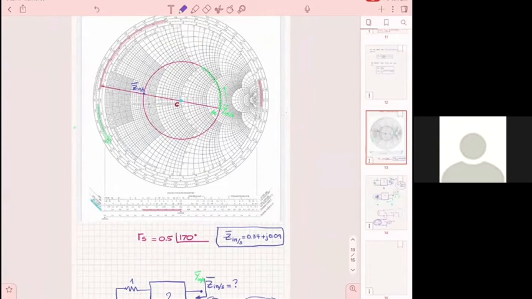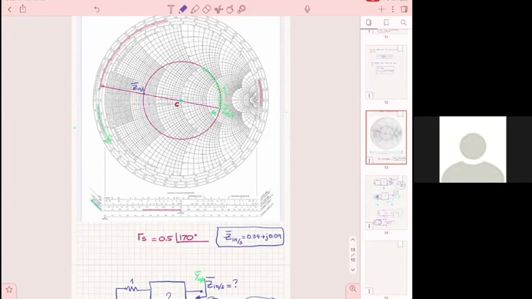If to go to the center of the Smith chart you have to move away from your load, then you move in the opposite direction. But you always have your last destination. Your last destination in a matching problem is the center of the Smith chart. Do you remember that?